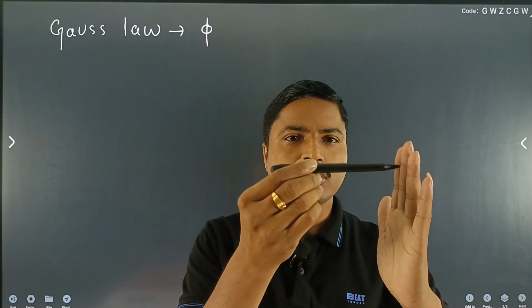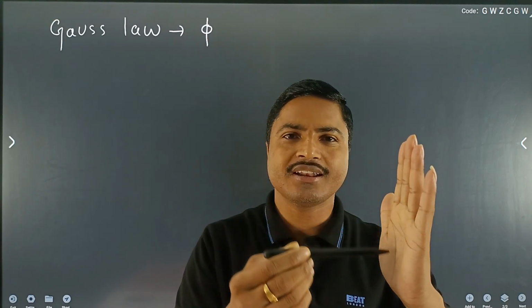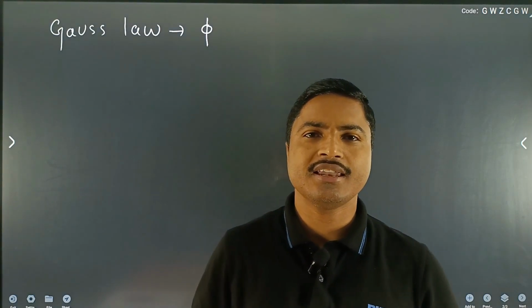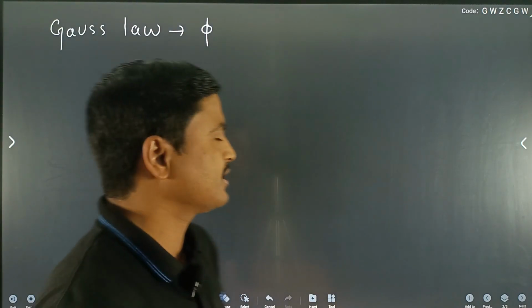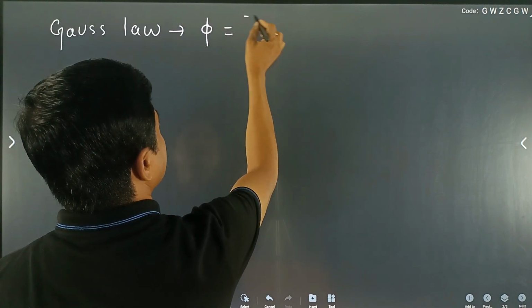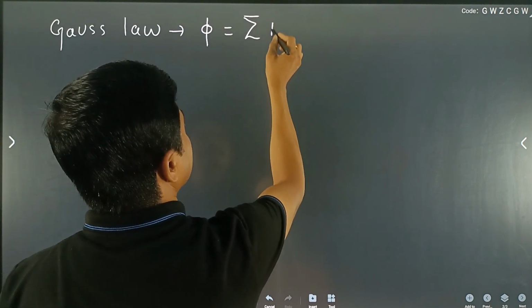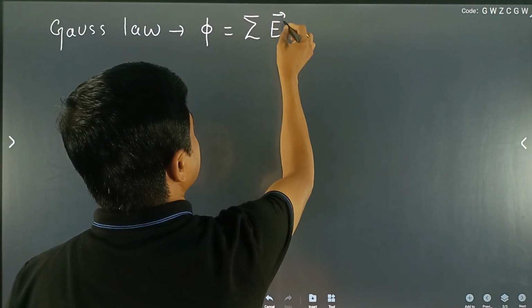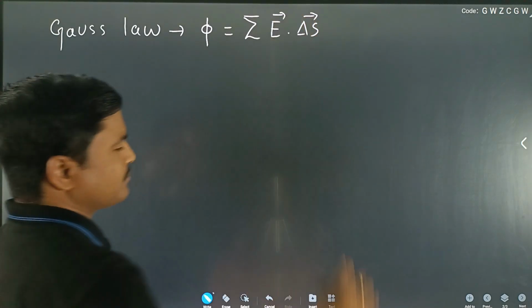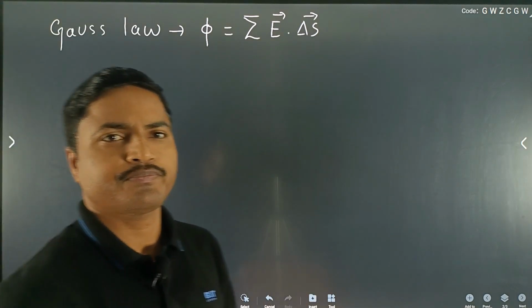Then the number of electric field lines crossing normally through this small area element is known as electric flux. And total electric flux is equal to the sum of vector E dot del S vector. You know this formula. This is the Gauss law.